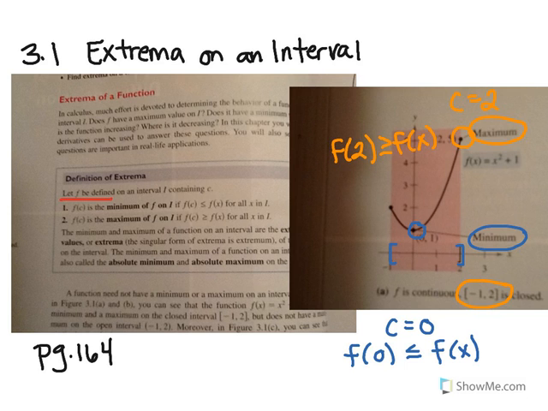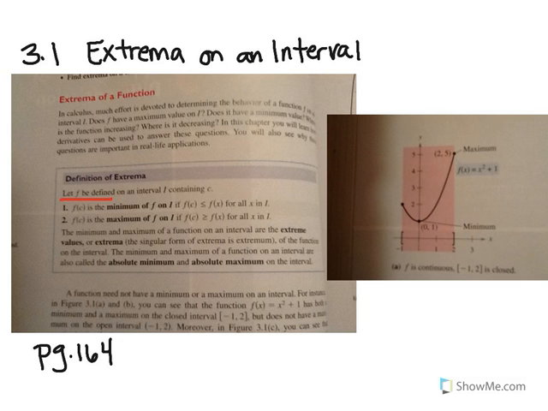Now there's one other thing that we need to make sure that we read in this definition, so let's take a look at that. And that is that it says the minimum and maximum of a function on an interval are the extreme values or extrema. And you can have more than one. You can have several maximums and minimums.